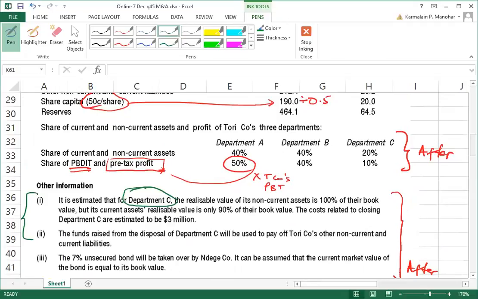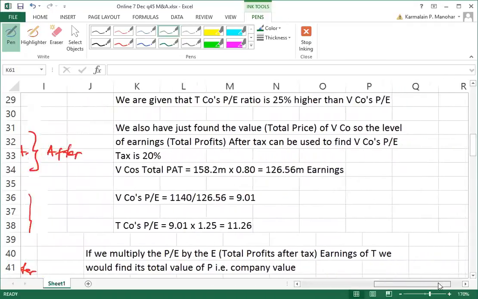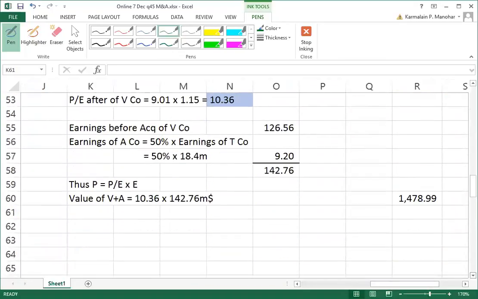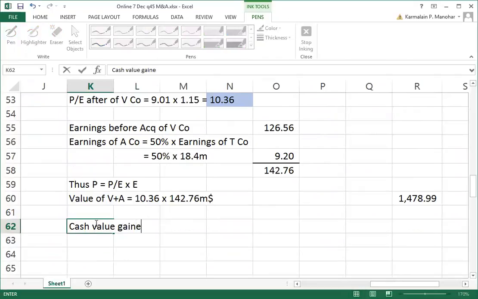The value afterwards is the cash value gained from the sale of C. So we could start off with putting that into a narration: cash value gained from sale of C.